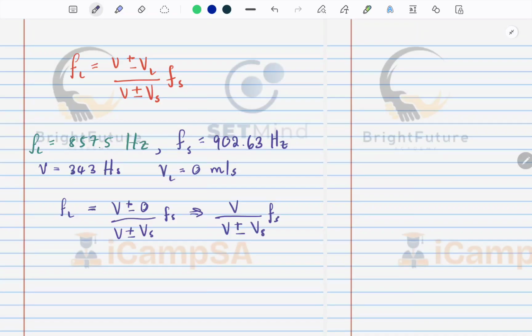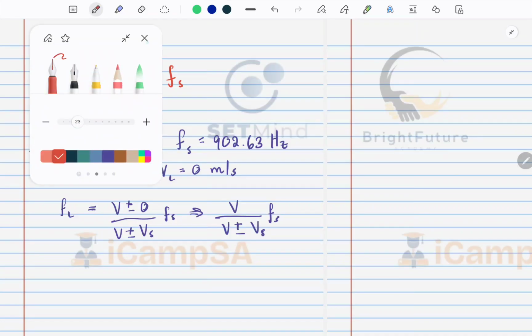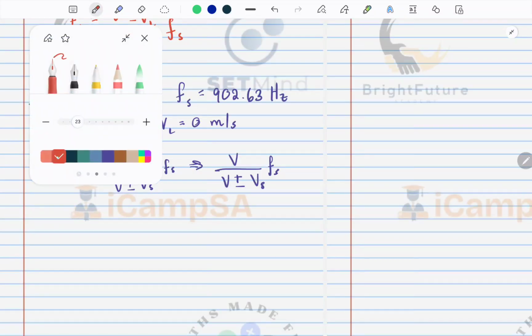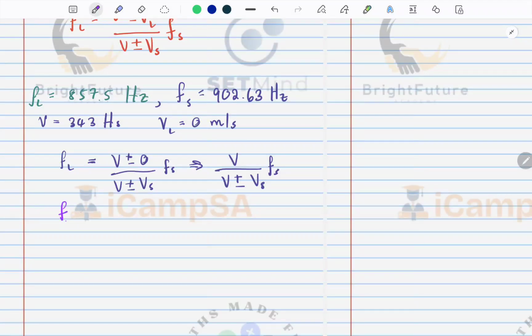Since the car is the one moving away, we have a positive one here. So FL equals V over (V plus Vs) times Fs. There's a lesson on how to choose your signs, where I've written all the conditions for this.